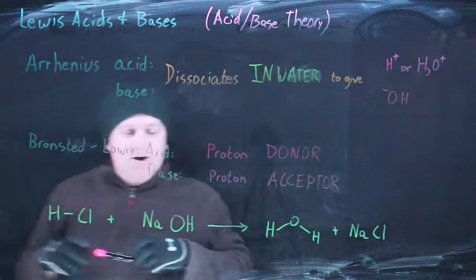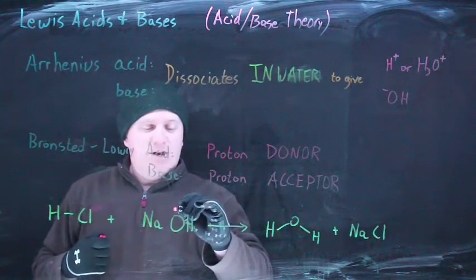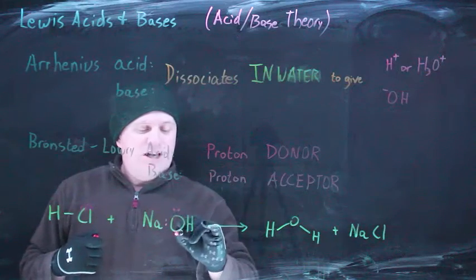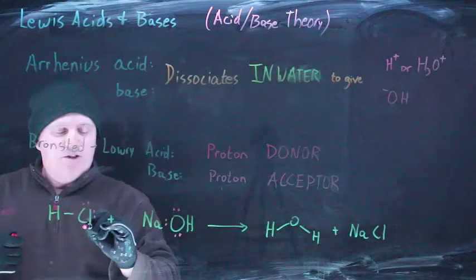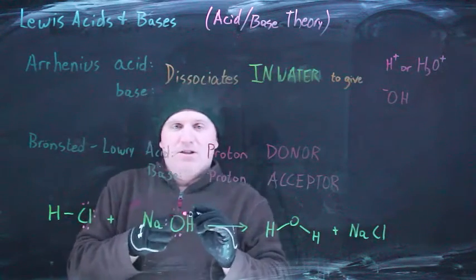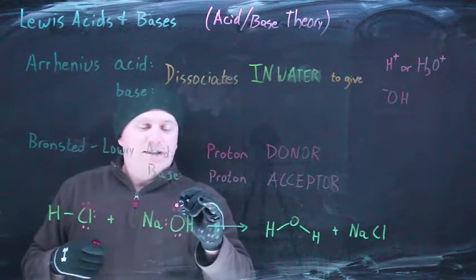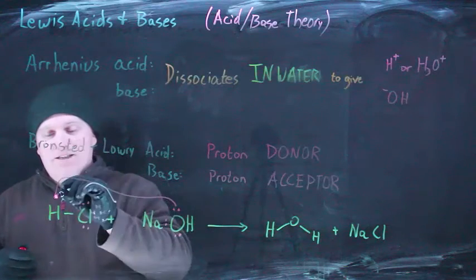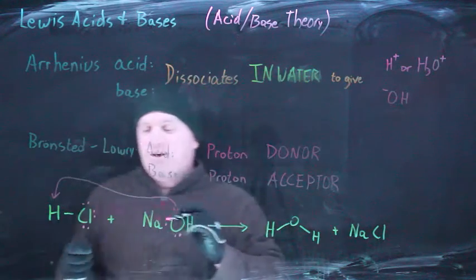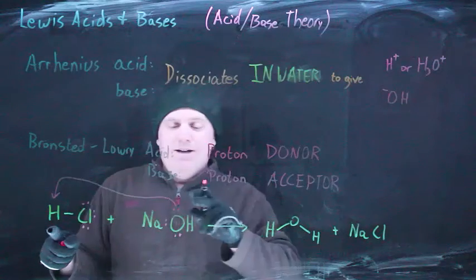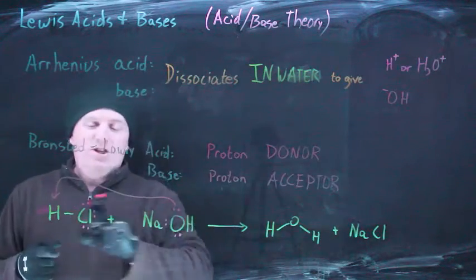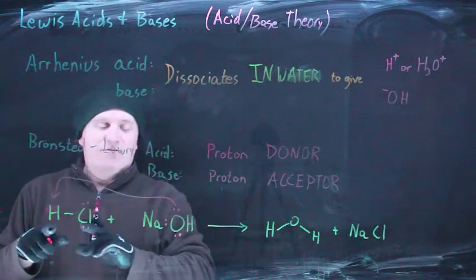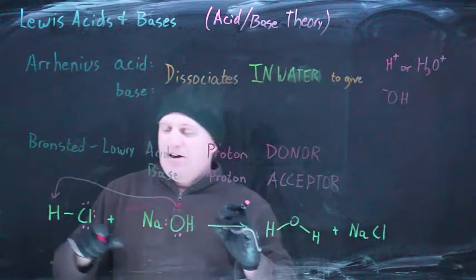If we were to think about the mechanism of this reaction, you're used to seeing this drawn where you've got lone pairs on the thing that's doing the attack. The oxygen, being the nucleophile, means that this lone pair is coming over to attack the H. So you can see that you are attacking the H plus part, so it's a proton donor, and the OH is getting this hydrogen, so it's actually accepting a proton from the HCl.